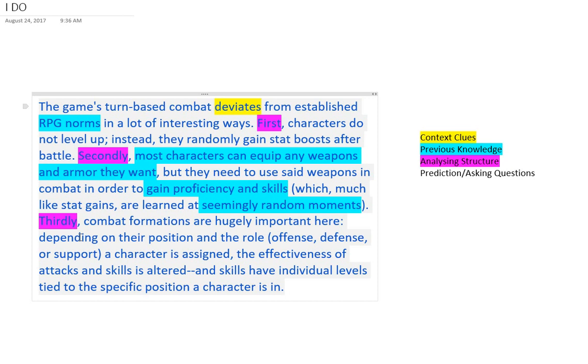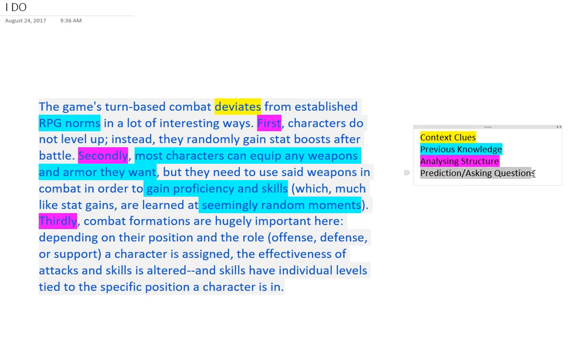So let's go back and take a look at this claim. Thirdly, combat formations are hugely important here. Depending on their position and the role, offense, defense, or support, a character is assigned, the effectiveness of attacks and skills is altered. And skills have individual levels tied to the specific position a character is in.